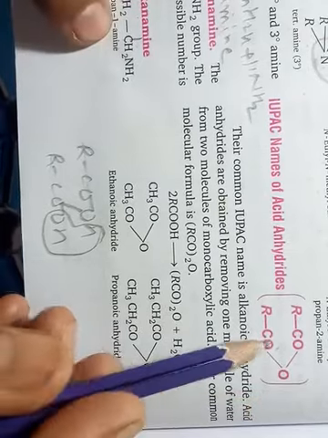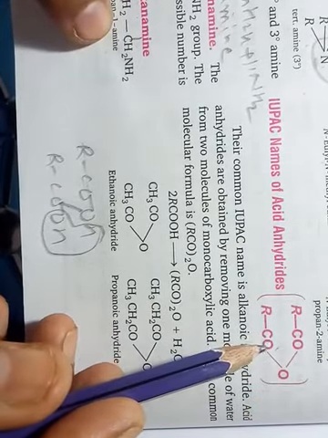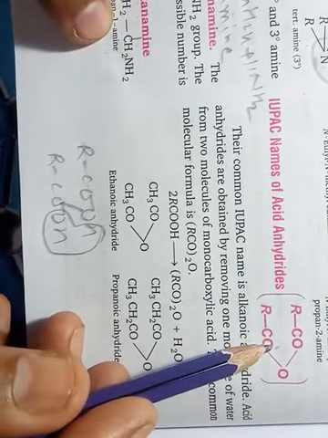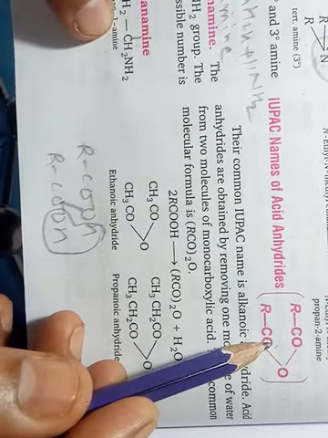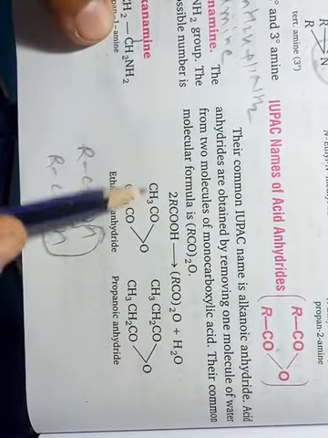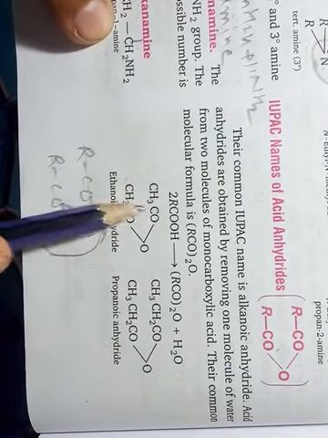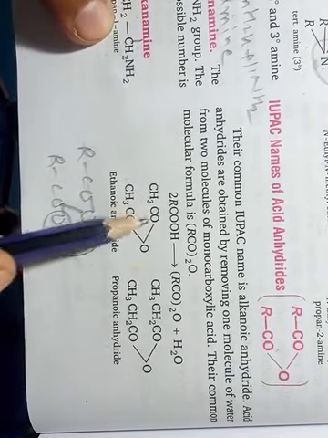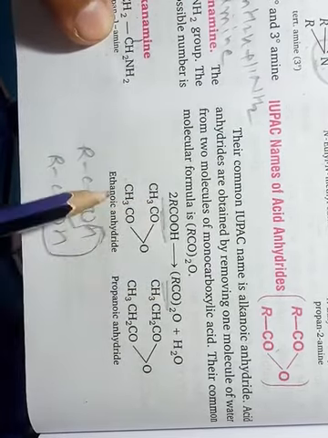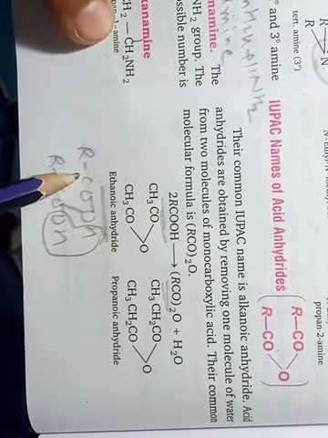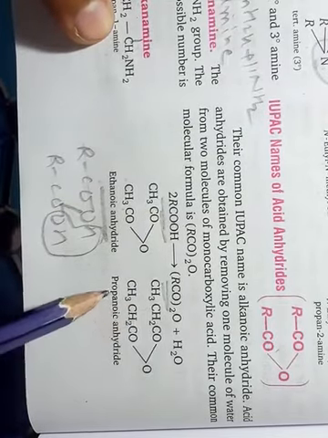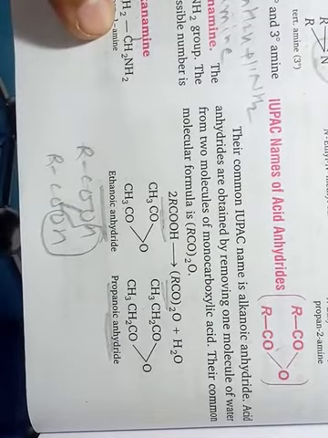Anhydrides are written with the suffix anhydride. In this compound, two molecules of ethanoic acid are present, so ethanoic anhydride, and this is propanoic anhydride.